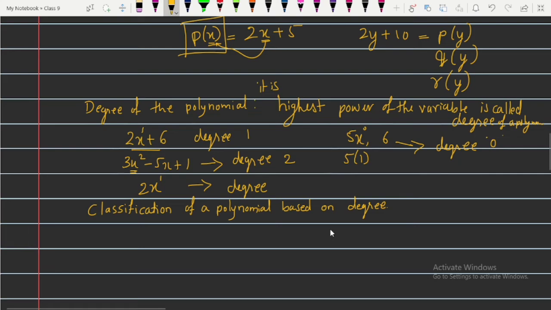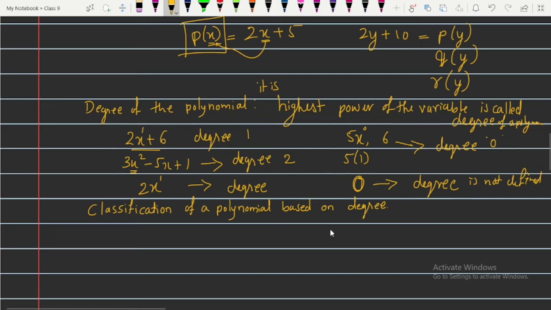You can also ask about the zero polynomial, the number 0. What is its degree? For this, the degree is not defined.